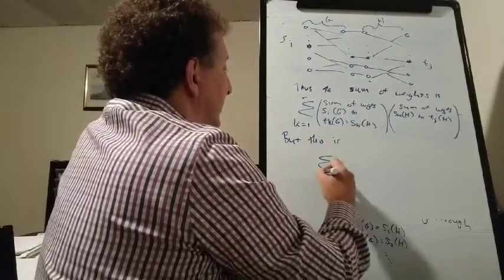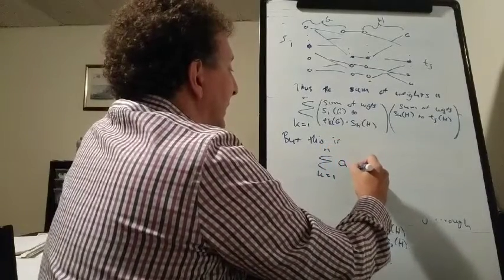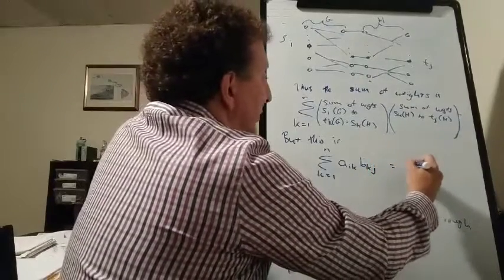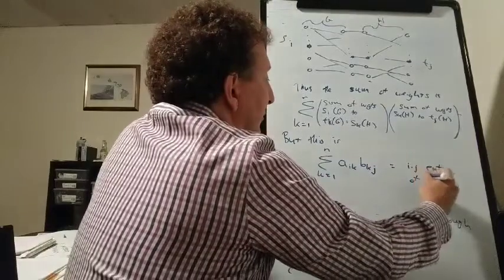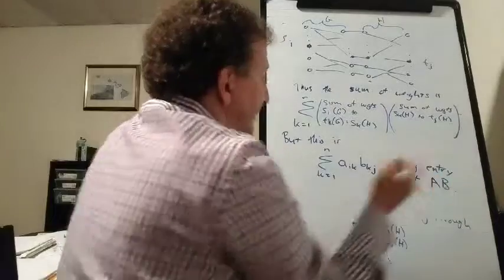But this is a sum as k goes from 1 to n of A_ik B_kj, which we know is the ij entry of the matrix AB.